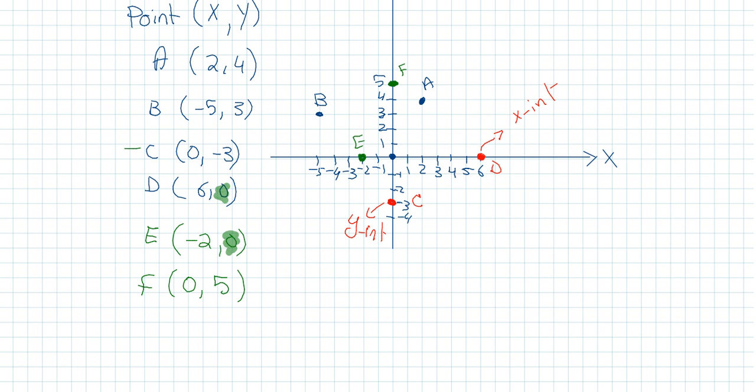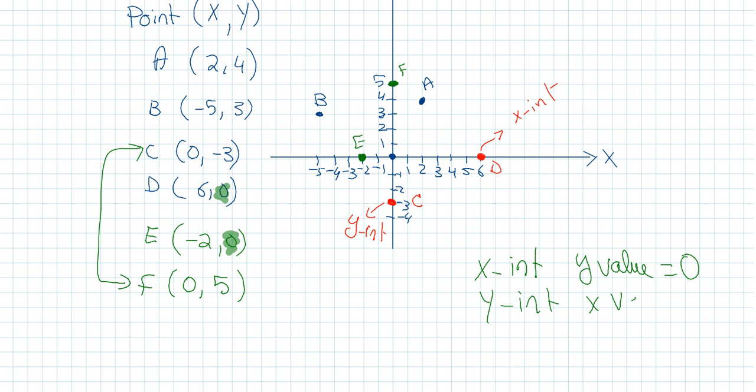What's common between these 2 points that are on the y-axis? The x value is 0. So if you're on the x-axis, then the y value is 0. If you're on the y-axis, then the x value is 0.